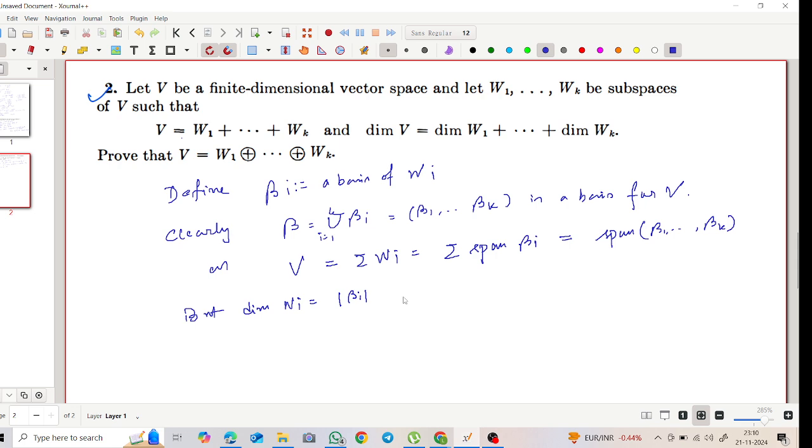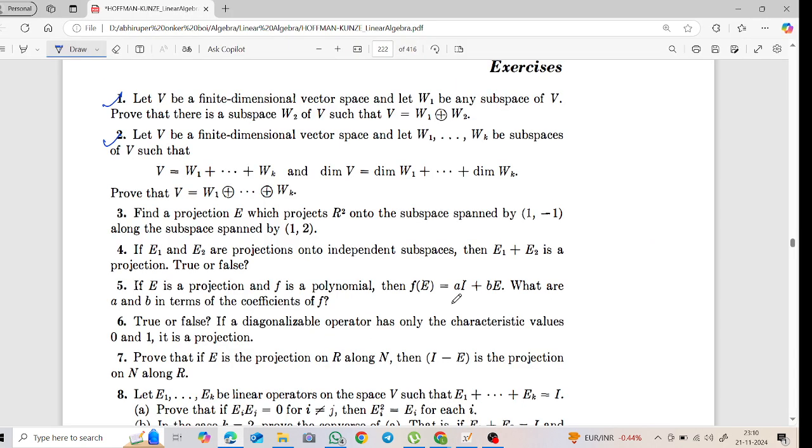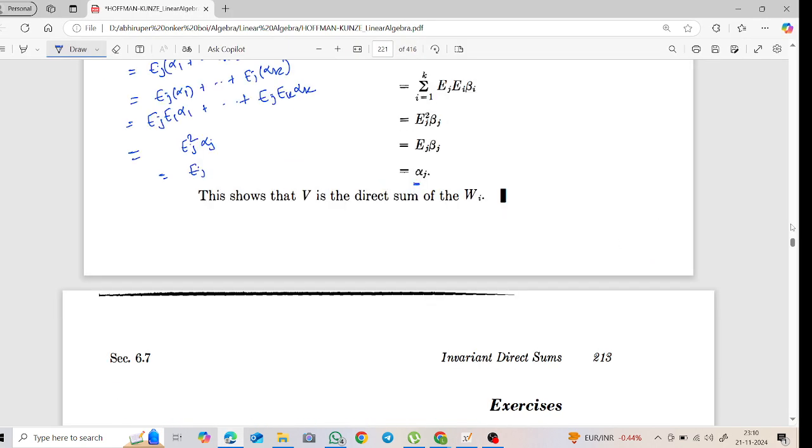Okay, and what we will have to show? We will have to show that W1 direct sum this, right? So let's see which one will be easier to show.